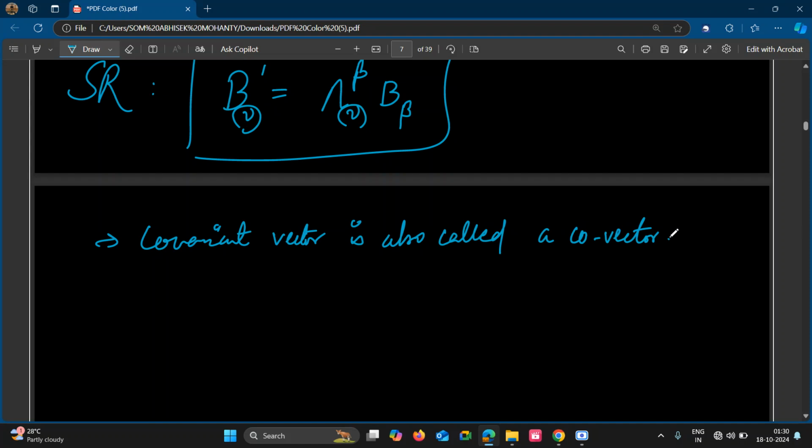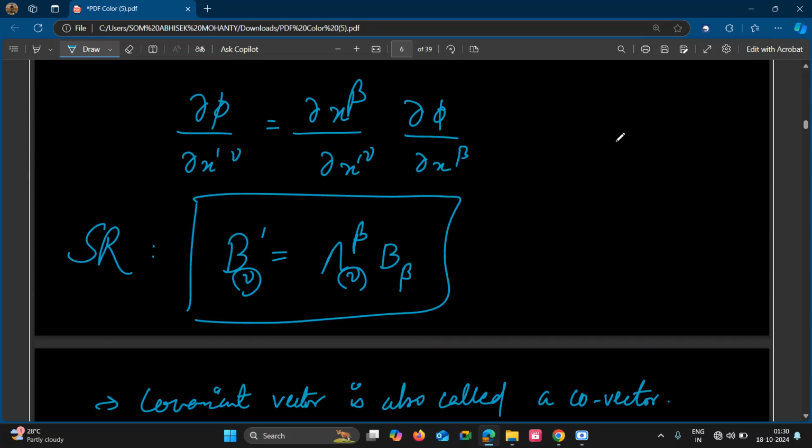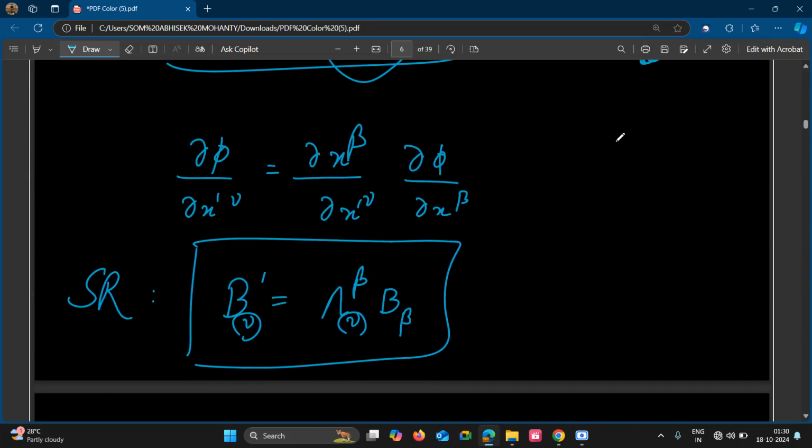One may note by analogy that in ordinary three-dimensional Euclidean space, the partial derivatives of a scalar phi with respect to coordinates x mu constitute the gradient of the scalar, which points along the normal to the surface phi equals constant.